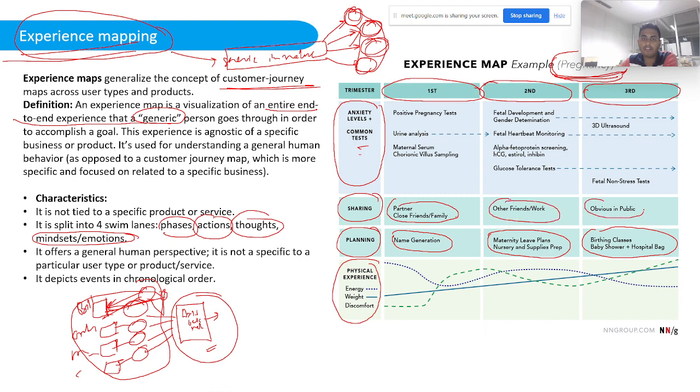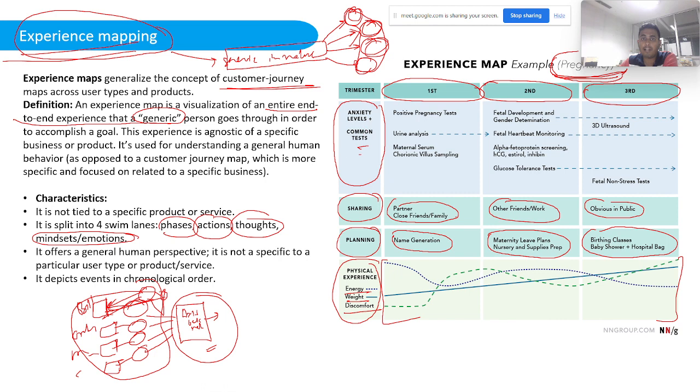Then experience can be whether your energy is up or down. So you may have different features which you are trying to plot, whether it goes up or down. The nature of the data type can be different, but the information has to be about experience, activities, as well as emotions or thoughts.